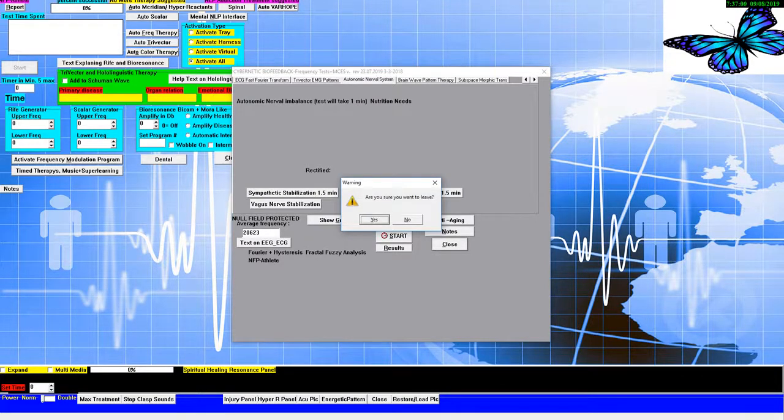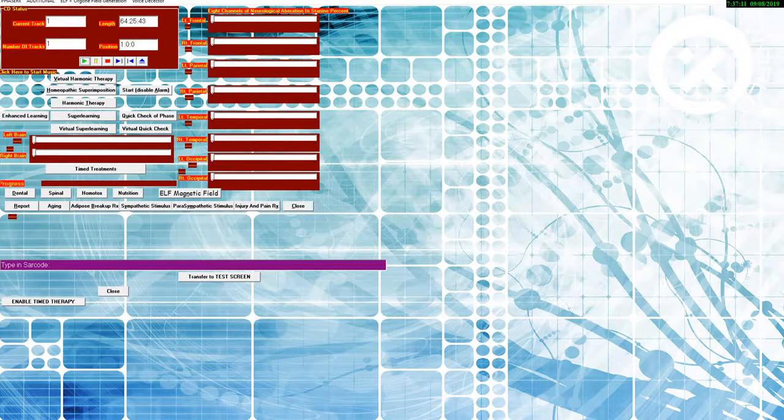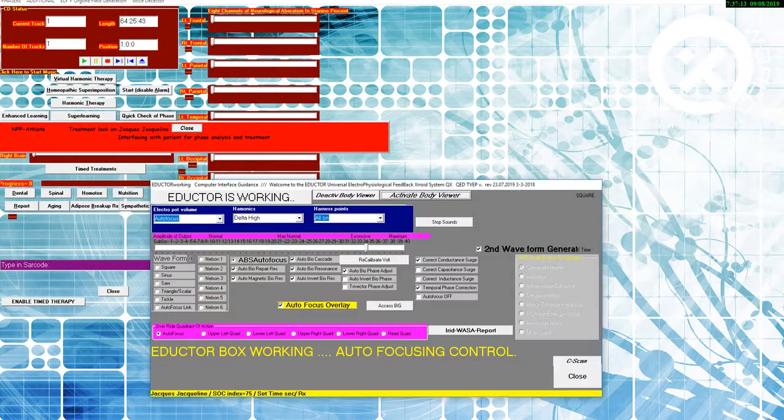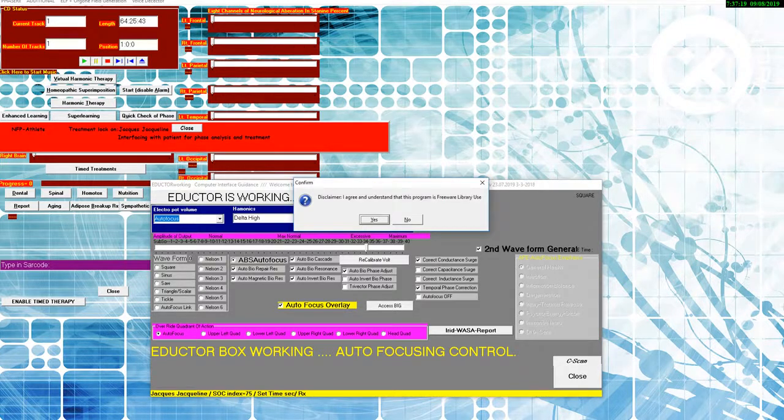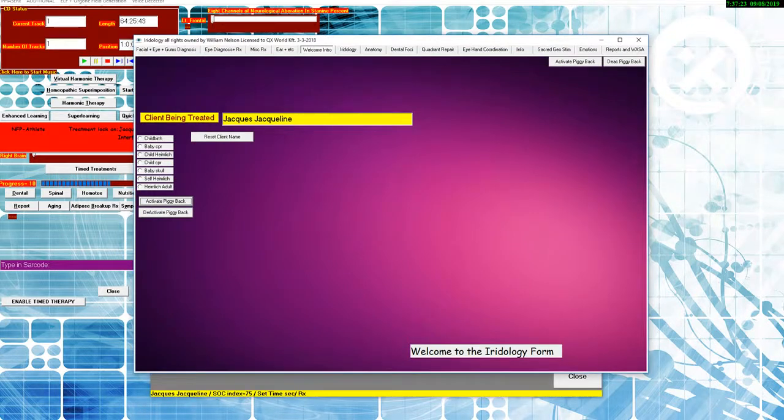So yes, I would also like to show you. I need to tell you, we have this time therapy, super learning. Here I can ask for a quick check of the brain, and it will make a quick check of the brain. During that time, I can go and see another module that is working on something specific.